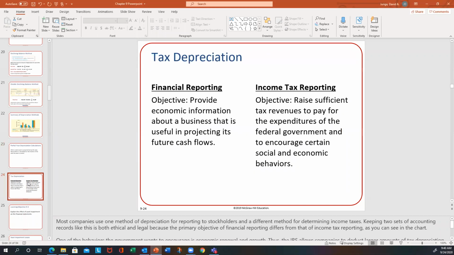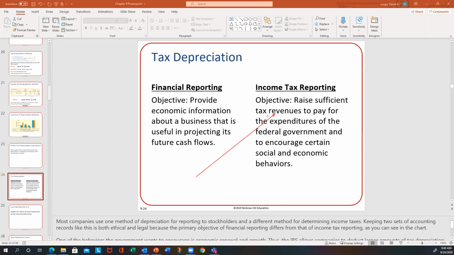Other issues could come up. You have, of course, tax issues. And remember, in this class, we follow GAAP. And for income tax reporting, you have to follow the IRS code. And notice there's actually two different objectives. For financial accounting, we provide economic information about a business that's useful in projecting its cash flows. Notice the objective for the IRS is not the same. Their goal is they want tax revenue.